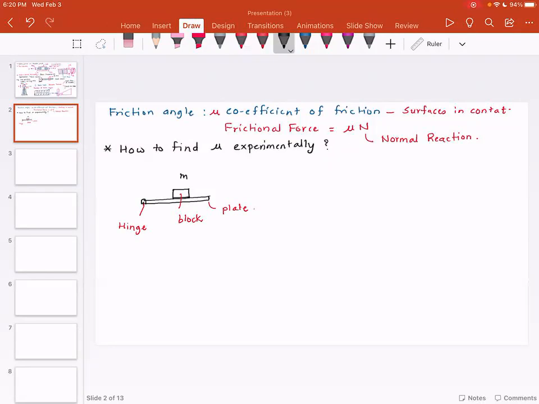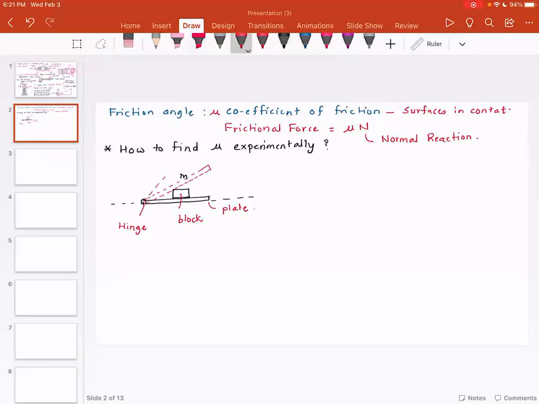As you can see, at this particular orientation the plate is completely horizontal, which means the angle made by the plate with respect to the horizon is 0. Now imagine what would happen if I start increasing the angle of inclination.